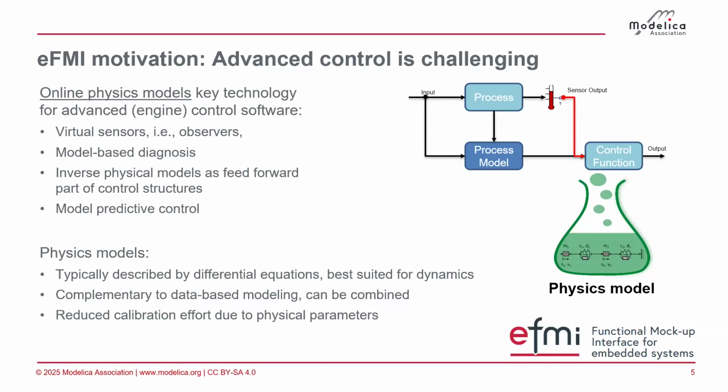So the idea of eFMI is to reuse the models you have to generate the code for control. And if we do that, then we can do very advanced control. Because we are talking here about models that are very sophisticated. We can do inverse model control. So for example, a typical industry use case is, yes, you have a value in your model, but in reality, the sensor value is not available. Let's say in an electric car, the battery cell has some heat.